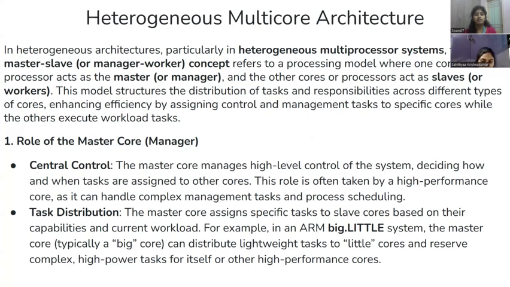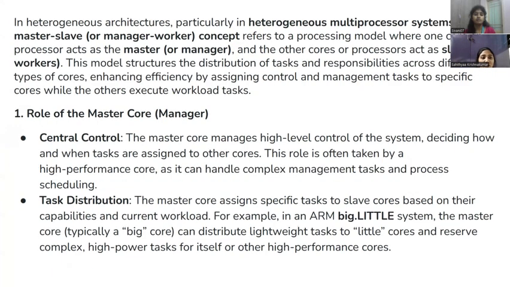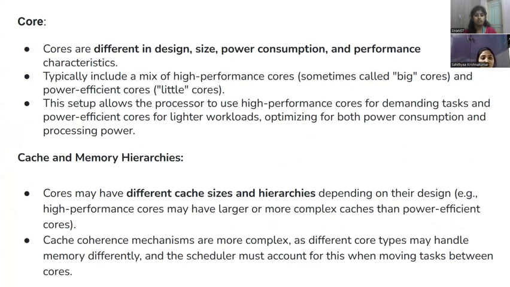And next, in heterogeneous architecture, we can speak about the role of the cores. In the cores, we have high performance cores, which are called big cores, and power efficient cores, which are little cores.